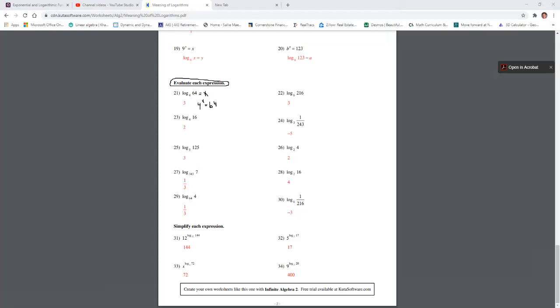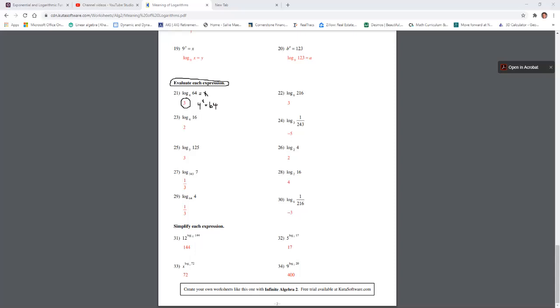Well, since 4 times 4 is 16 times 4 is 64, that exponent x would have to be 3. And that's terrible handwriting on my part. Let me change this. Okay, so x is equal to 3.